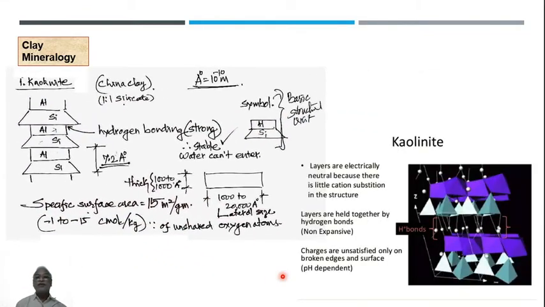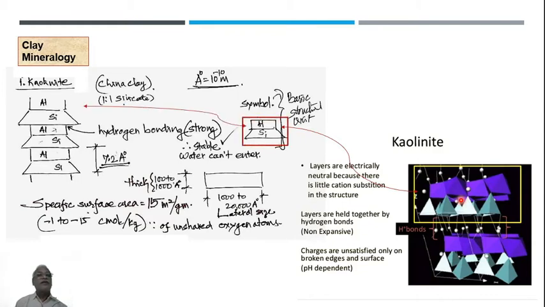Now the same thing is shown in another form, right? That is one layer. The same layer is shown as a building block there. Like that it continues, the number of layers will be there. Layers are electrically neutral because there is little cation substitution in the structure. Layers are held together by hydrogen bonds, non-expansive, right?